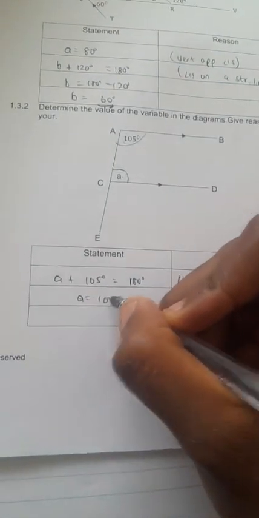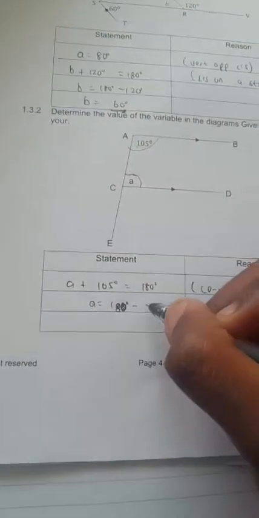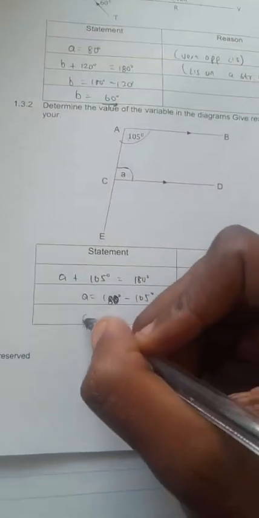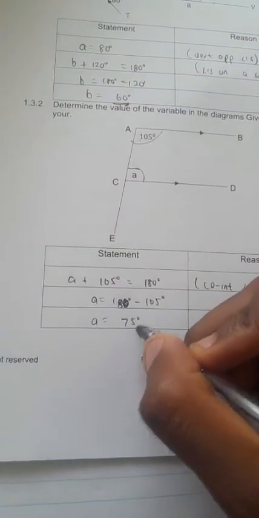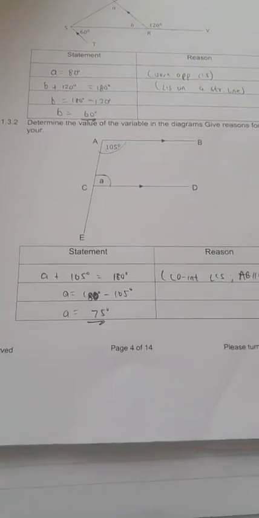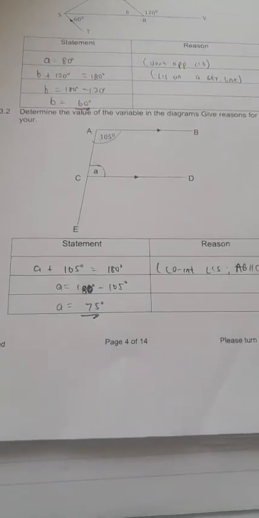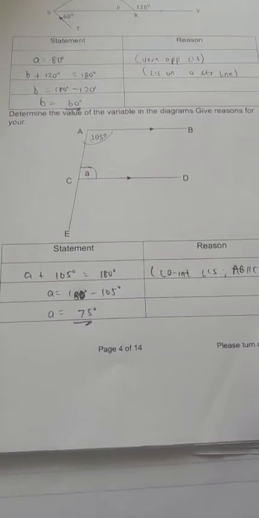A is equal to 180 degrees minus 105 degrees. And 180 minus 105 gives us a whooping 75 degrees. And that's it, guys. In the bag.